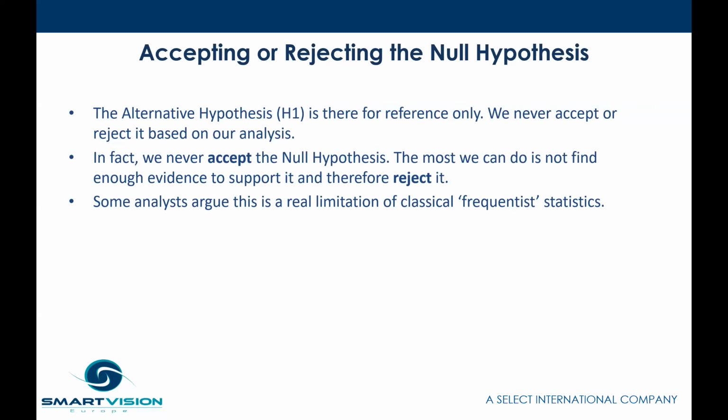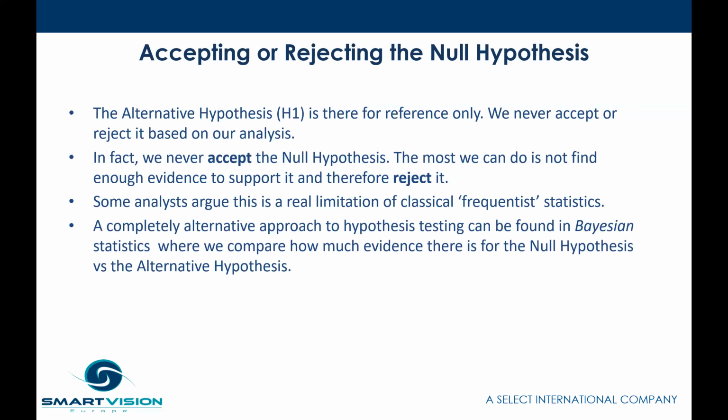Some analysts argue this is a real limitation of classical frequentist statistics. Those analysts tend to be Bayesian analysts, and in Bayesian statistics, they have an alternative approach to hypothesis testing where they compare how much evidence there is for the null hypothesis versus the alternative hypothesis. They actually come up with a ratio value that tells you how much evidence there is for one group or the other.